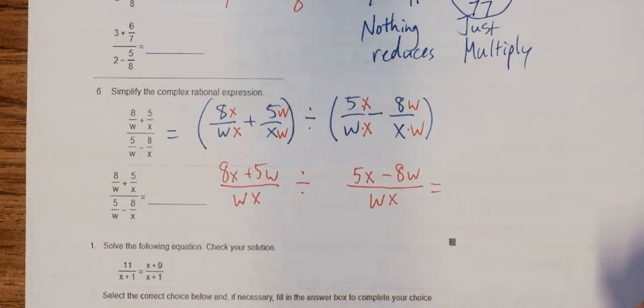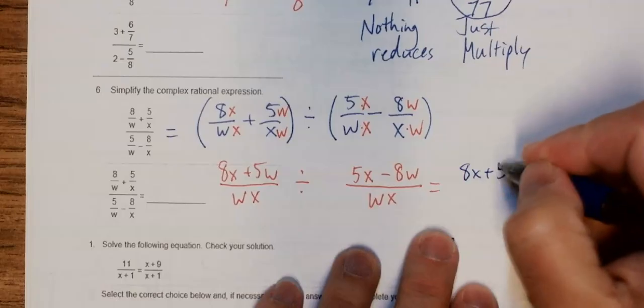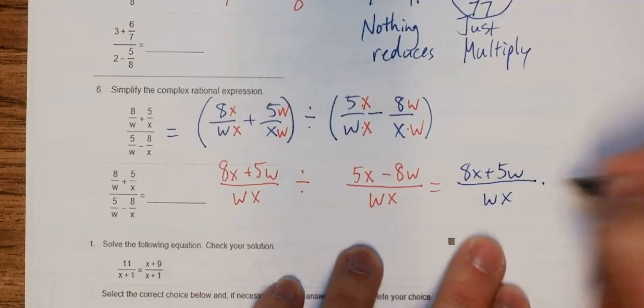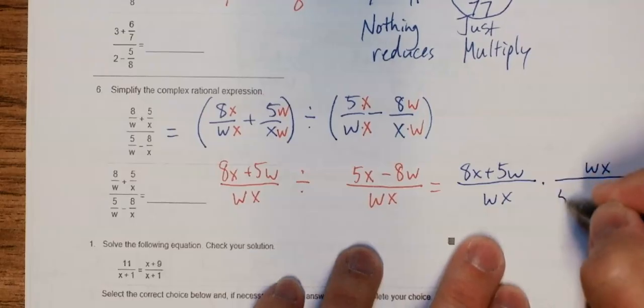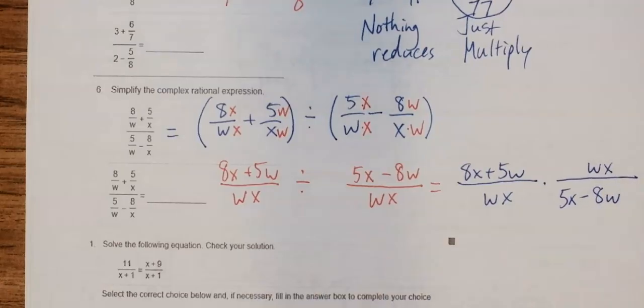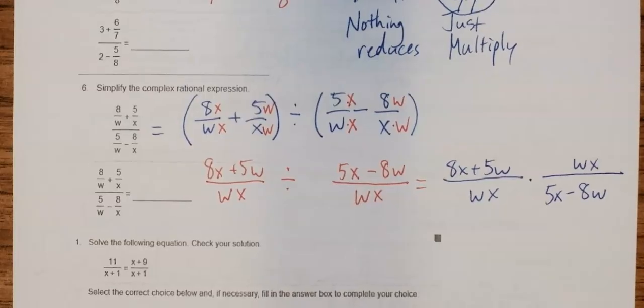Now what? Keep change, flip them. Keep the first one. Change to multiplication. Flip the second fraction. Do we see anything that might cancel out?